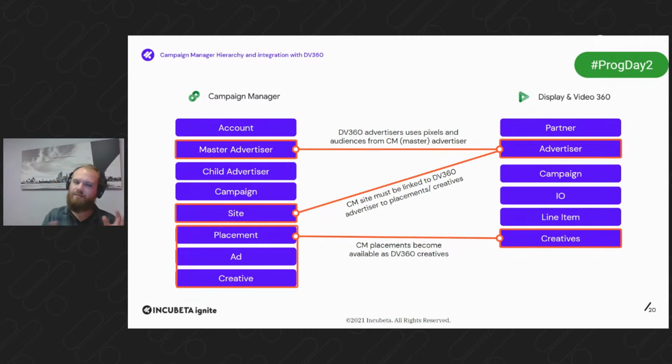Just a little note on that, sometimes that link does take around 24 hours, especially if it's a new link. If you put in a new link, it can take 24 hours for your creatives to show up in DV360 from Campaign Manager.